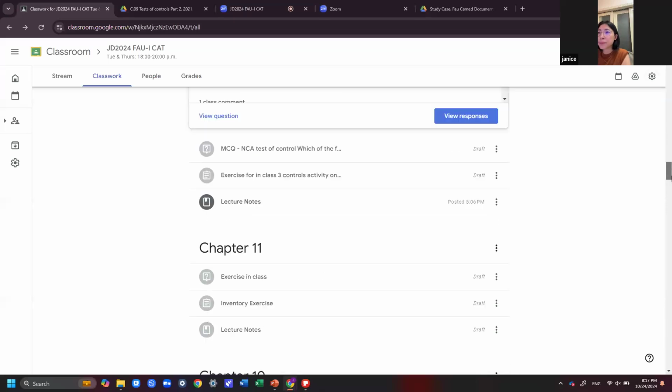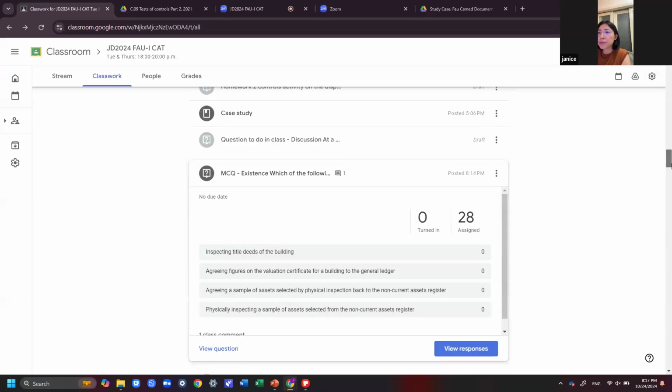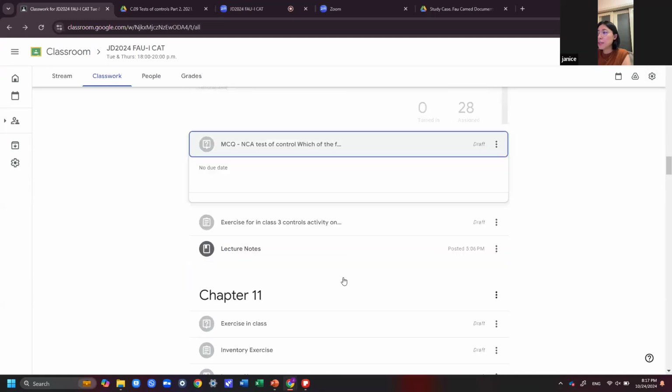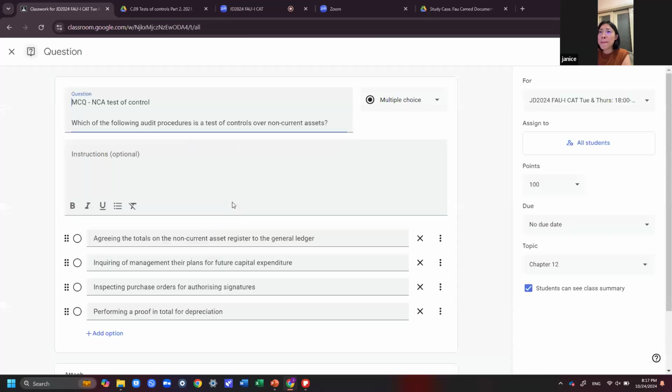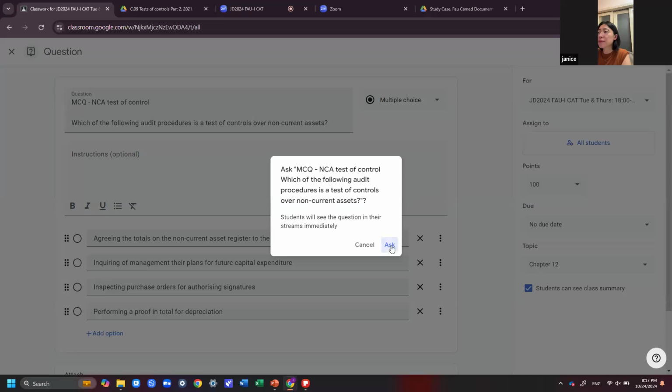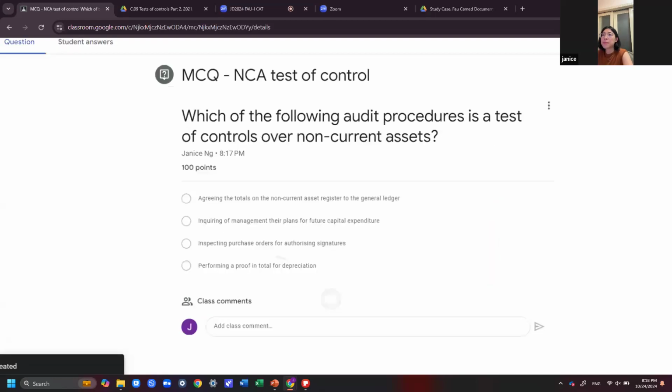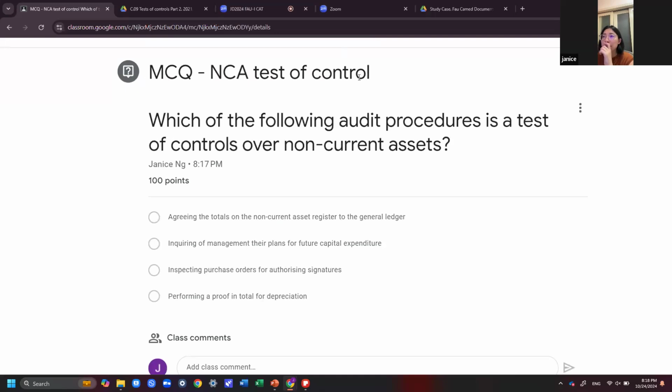Now, let's do another exercise quickly. All right. Test of control. Which of the following audit procedure is a test of controls over non-current assets? All right, so which one is a test of control?